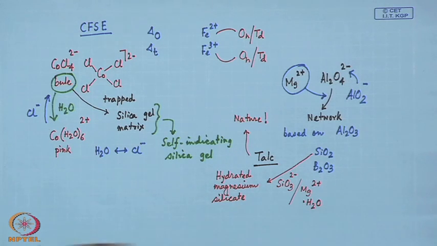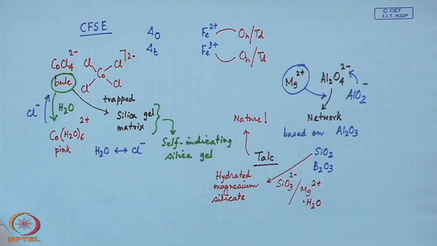So, if we have the corresponding molecules which are based on the aluminate structure, which is MgAl2O4, we see that this particular compound can be termed as the spinel structure. There are two different types of spinel structures we can have.